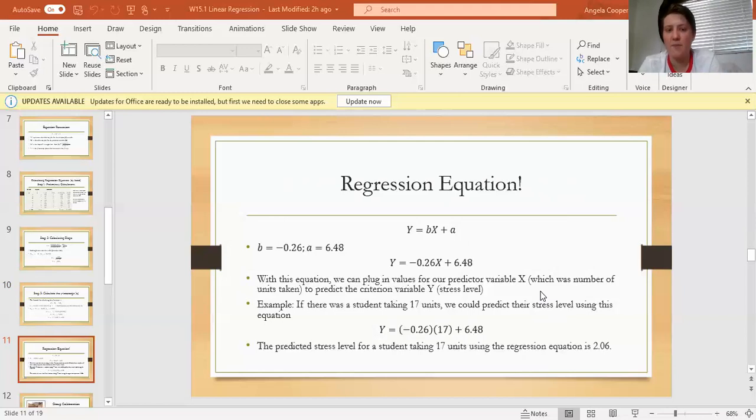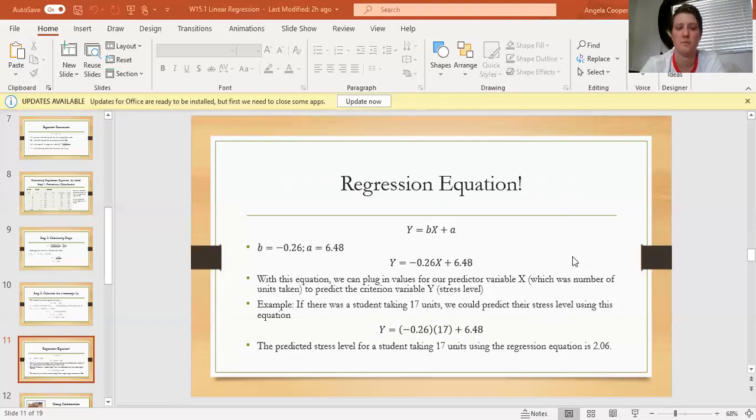Once we do that, our predicted stress or sanity level for a student taking 17 units is 2.06. So their level would be approximately 2, but 2.06 to be exact using this equation.